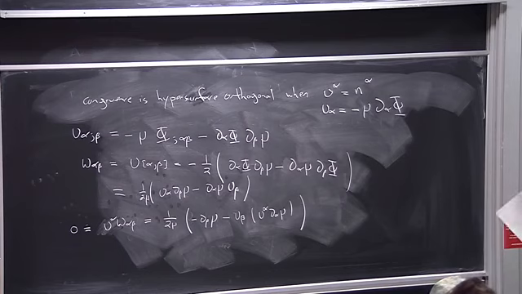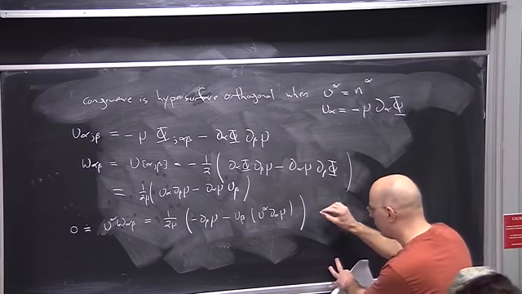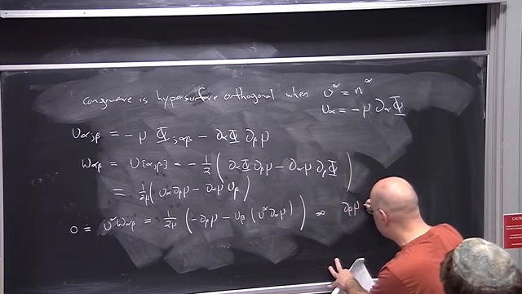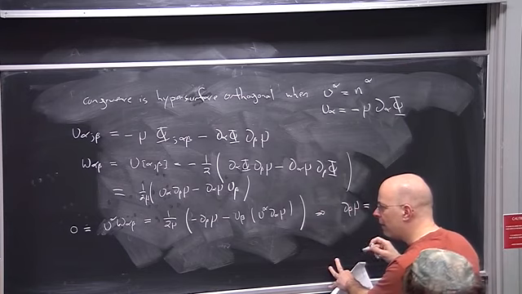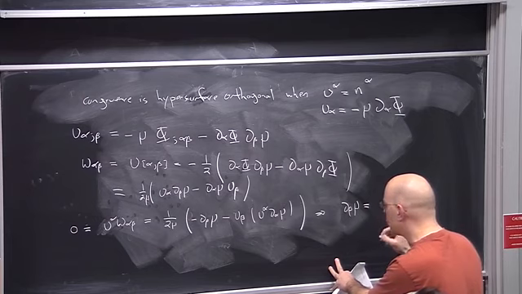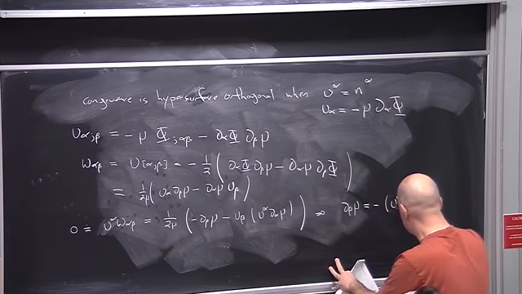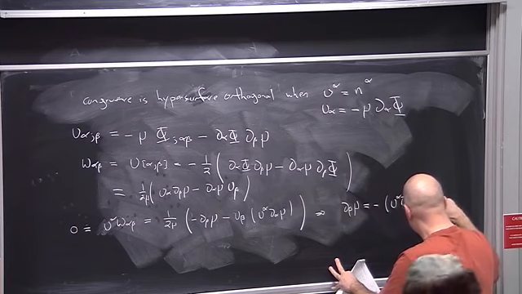And that has to be equal to 0. What that means is that mu as a scalar field can vary, but it can only vary in the direction of u. That's what this equation here means.